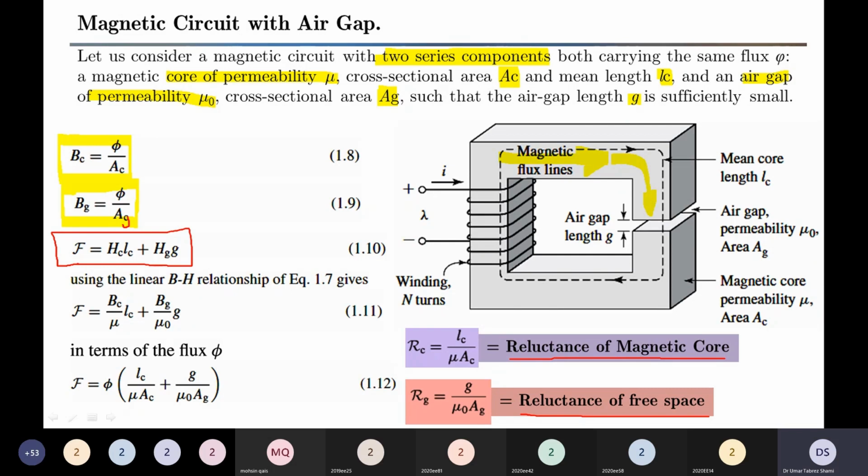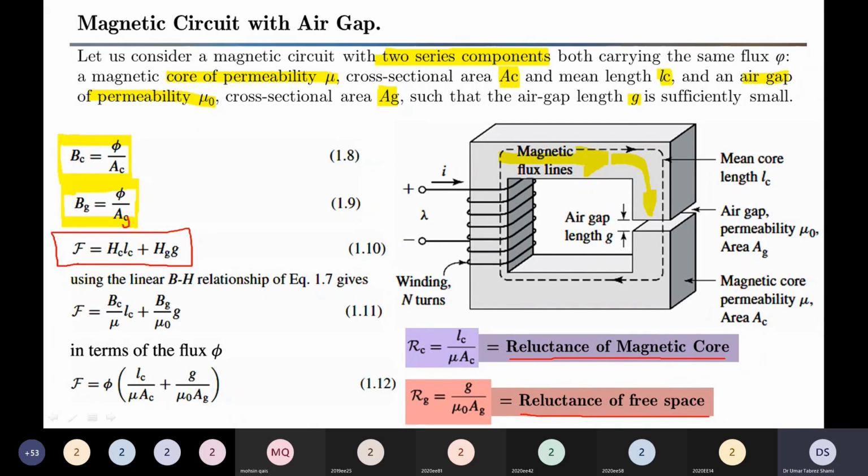Like, for example, we have our electric resistors. These resistors are the resistance, the opposition faced by current. Similarly, reluctance is the opposition in the system faced by the flux.